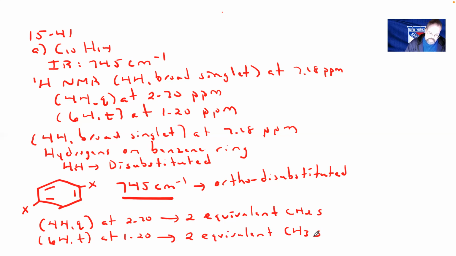Okay? So with this in mind, what are the possibilities? Well, in essence, there could really only be 2 possibilities. One of them would be to attach CH2, CH2, CH3 to the benzene ring, and then ortho to that, attach the CH3.